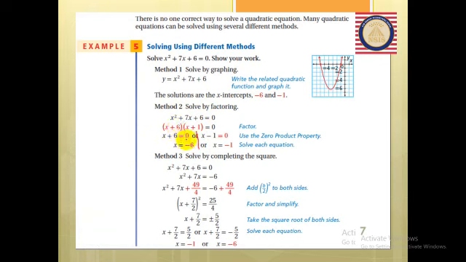X plus 6 equals 0, x plus 1 equals 0. Then x equals negative 6, because positive 6 will go to the other side with negative, and positive 1 will go to the other side with negative. So negative 6 and negative 1. Very good. So this is this method.